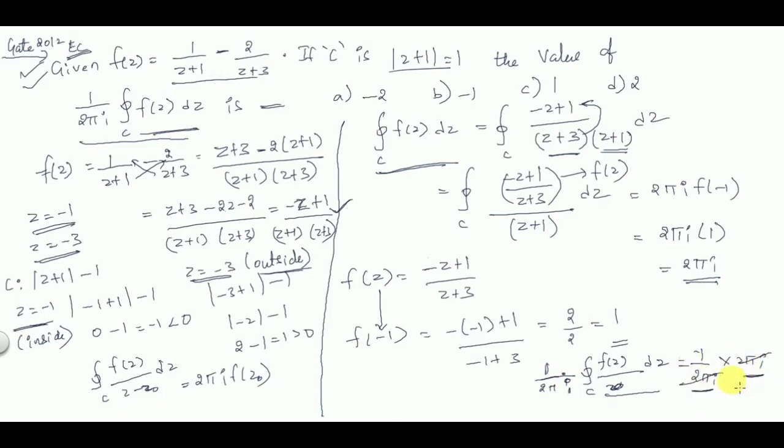So this and this get cancelled, and the final answer will be 1. So the option is option C.